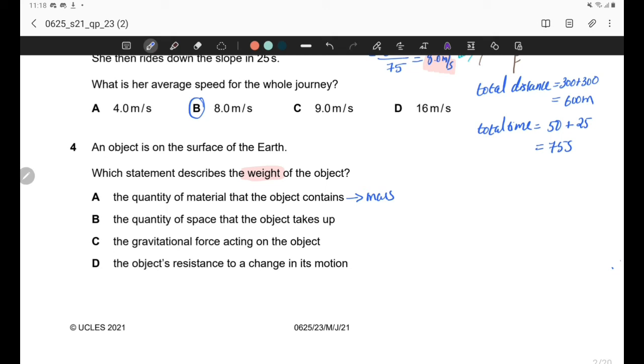Option B says the quantity of space that the object takes up, and that represents its volume, not weight again. Option C says the gravitational force acting on the object, and that is correct. The gravitational force acting on an object is nothing but its weight. Therefore, the correct answer is option C.